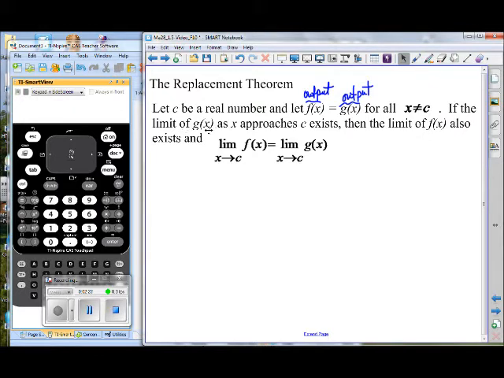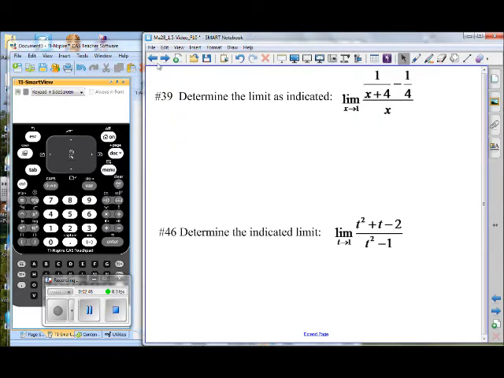If the limit of g of x exists as x approaches c, and the limit of f of x also exists, then the limit of f of x is equal to the limit of g of x. If the outputs are equal and the limits exist, then the limits are also equal. Now, what that allows us to do is this.